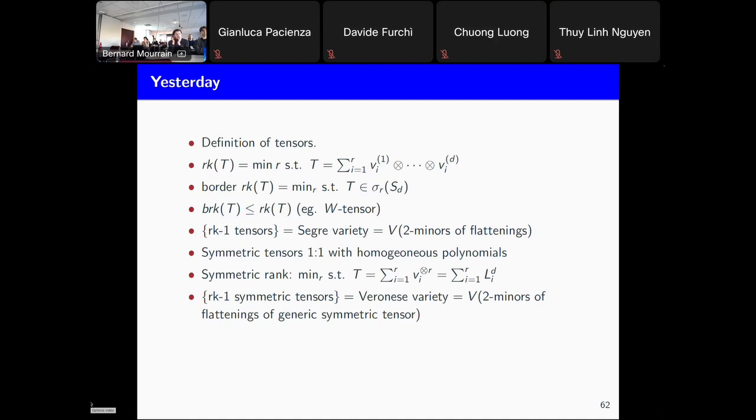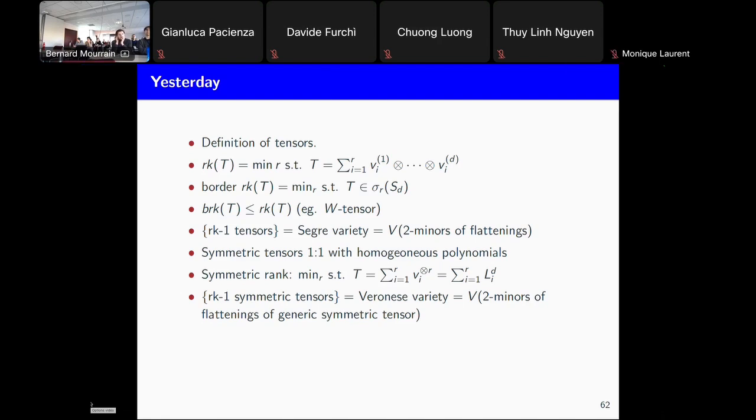Okay, so let's start. Now I start introducing some tools that will be useful to compute. My goal is to compute the rank of a symmetric tensor of type C2, C2, C2, C2, C2, namely in terms of homogeneous polynomials of any degree d in two variables.